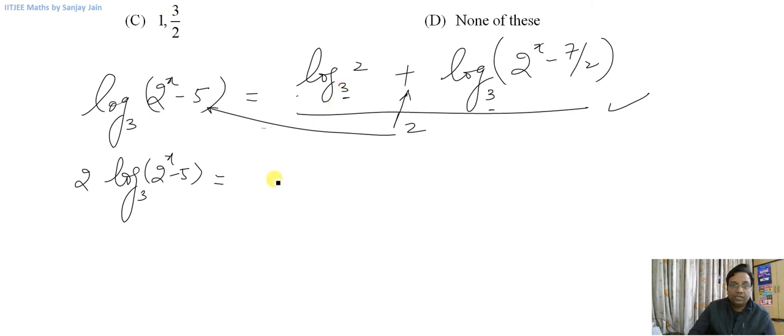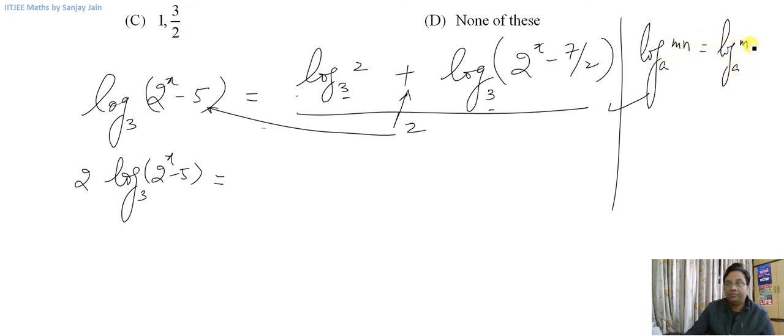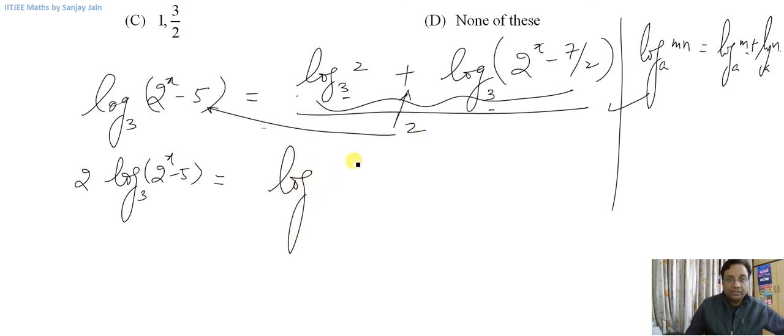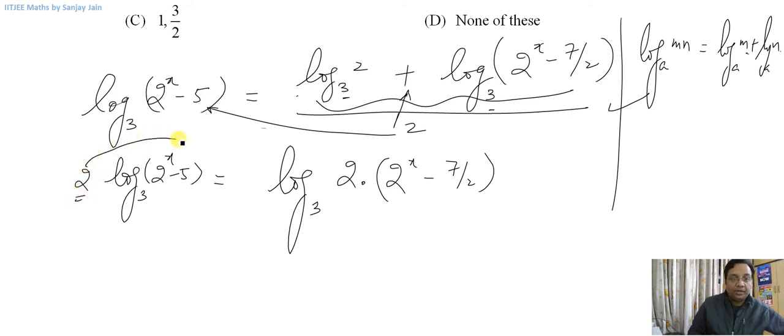So I can write it in this form, because I know that log of m into n is equal to log m plus log n, where m and n are positive numbers. So I can club these together, and write log of 2 into 2 raised to power x minus 7 by 2 base 3, and I can bring this 2 in the power.